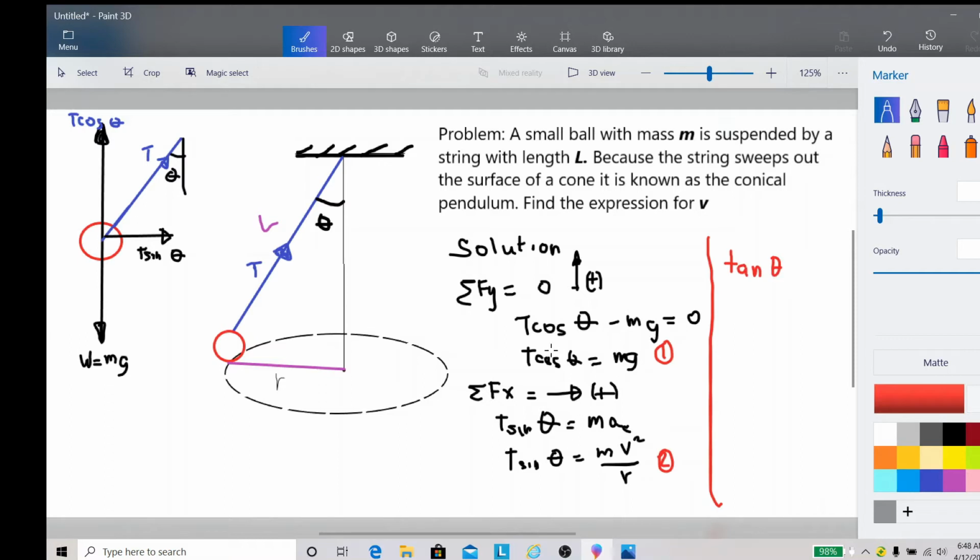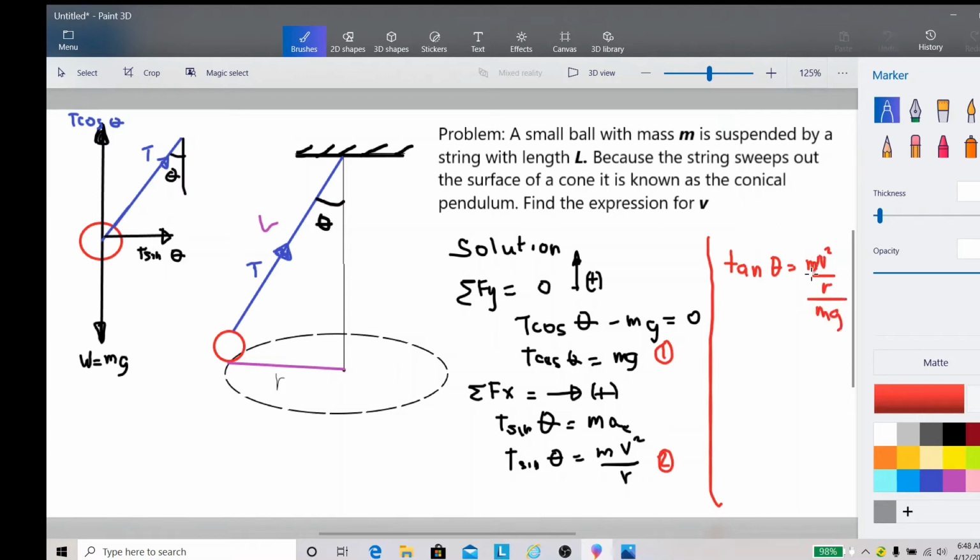So tangent of theta is equal to m v squared over r, over mg.